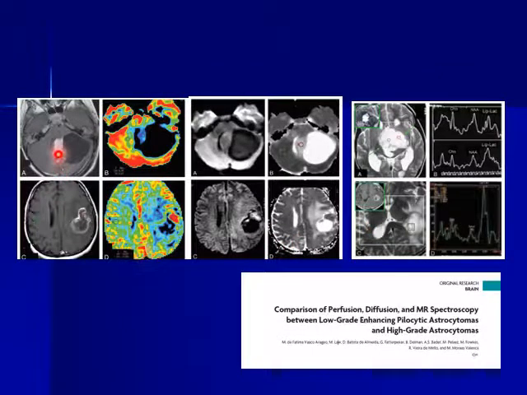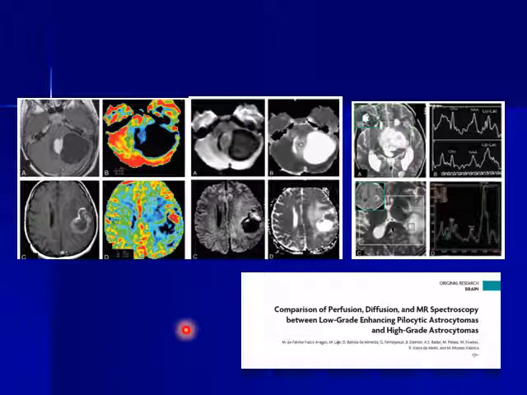Okay, let us see the solid component of pilocytic astrocytoma. It is hypoperfused, and the curve is malignant. To be compared with the solid component in high-grade tumor, high-grade astrocytoma, which is hyperperfused.